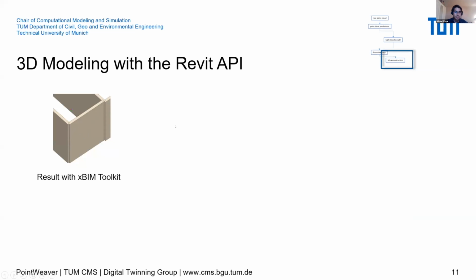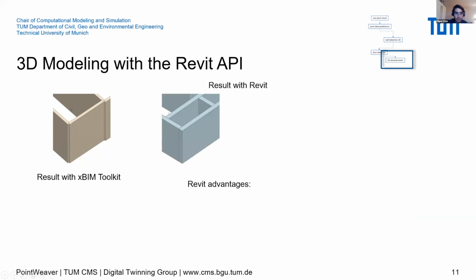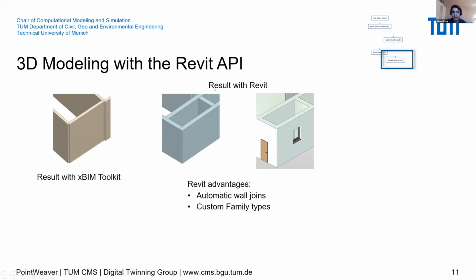For this and other reasons, we opted to use Revit, in which the joints are automatically solved. And in Revit, we are also able to add custom family types of doors and windows, and automatically export the model in IFC and DXF format.